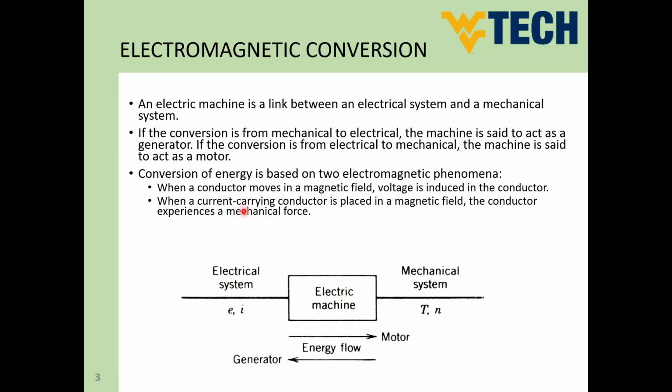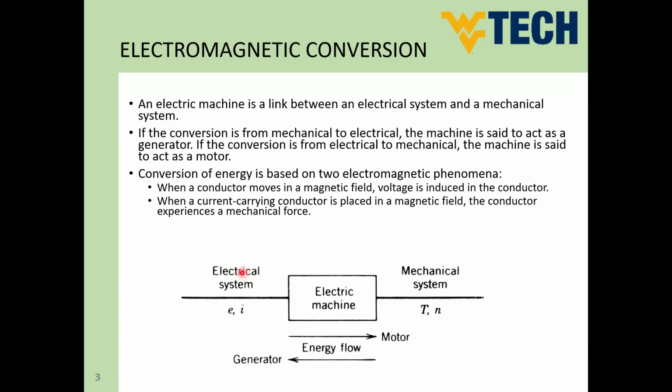So if the conversion is from the mechanical side to the electrical side, this is going to be a generator. So the generator can convert mechanical power into electrical power. The energy flow from mechanical system to electrical system is called generating action.